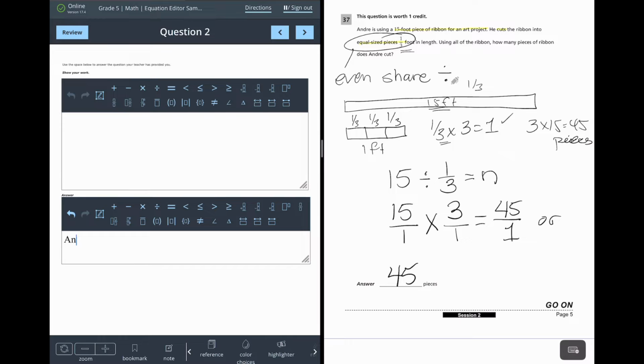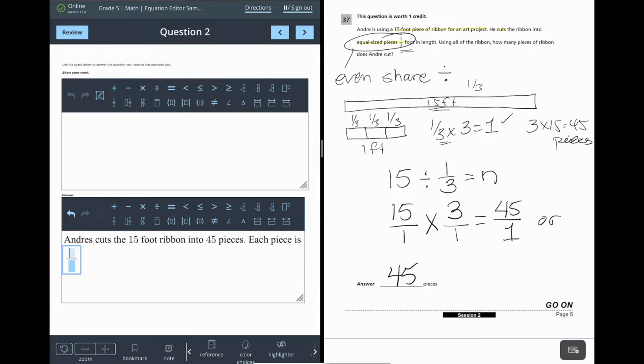Let's restate the question. Andre cuts the 15-foot ribbon into 45 pieces. Each piece is, and watch how I'm going to do this, because I want to put 1/3. So I'm going to look for the symbol that looks like a fraction.